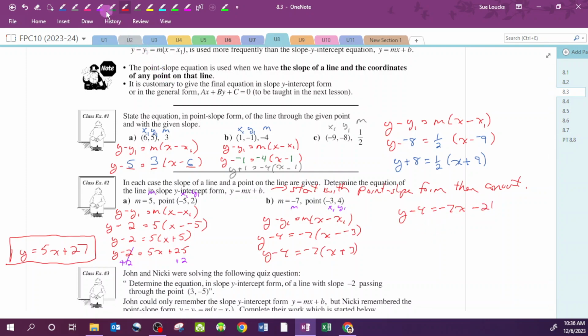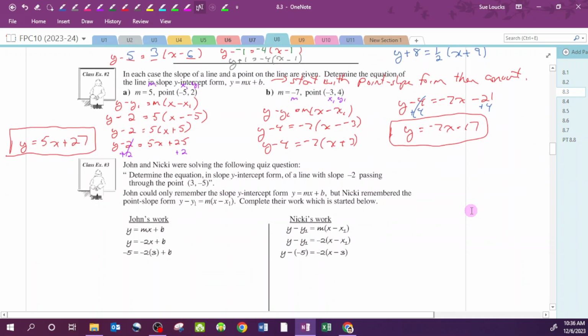And then I'm going to add, oops, I didn't change colors. I'm going to add 4 to that side and add 4 to that side. So I have y equals negative 7x minus 17. Okay?